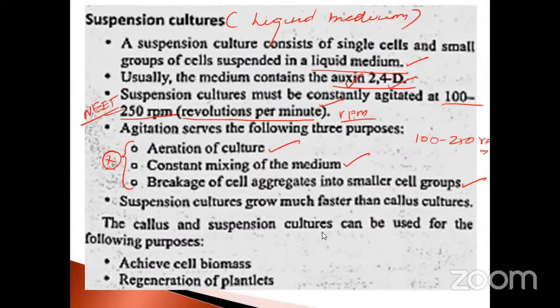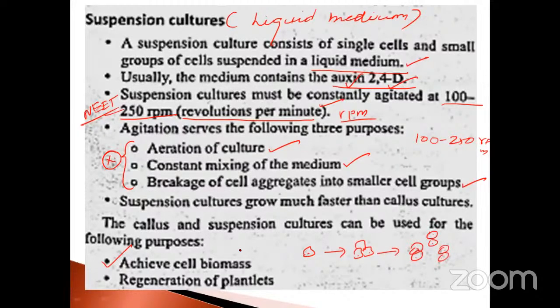The callus and suspension culture can be used for the following purposes: achieving cell biomass and regeneration of plantlets. These two points are also very, very important, my dear student. Achieving cell biomass means a single cell becomes a group of cells, and the group of cells doubles.